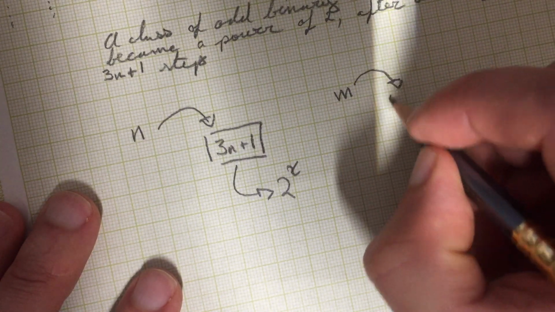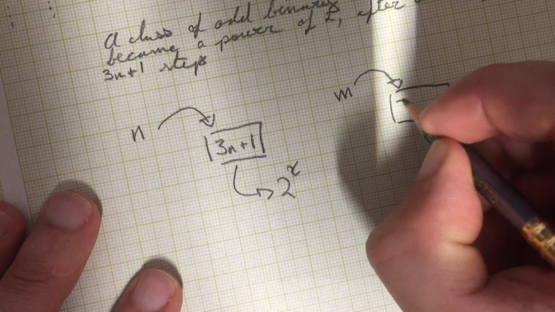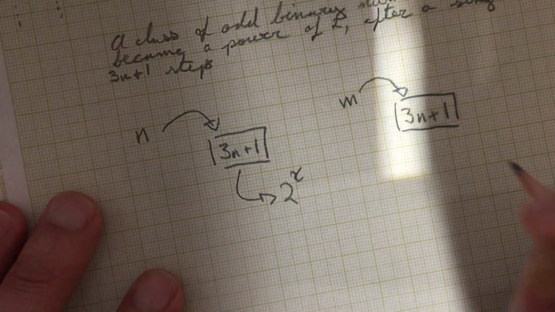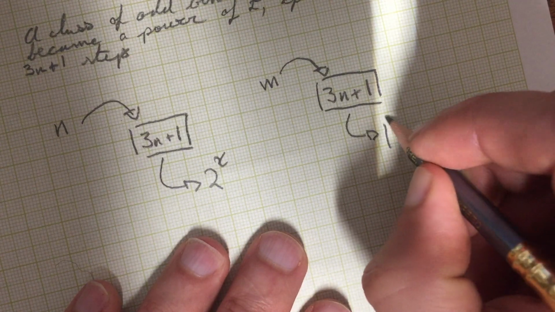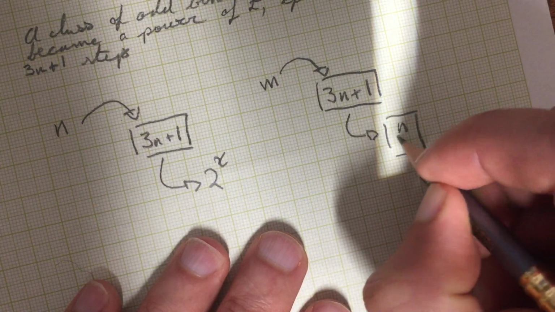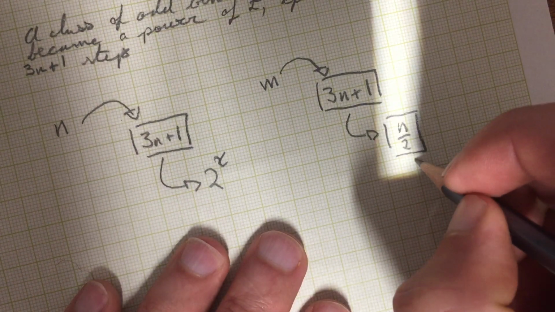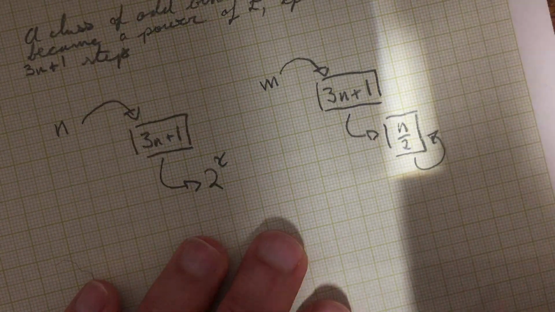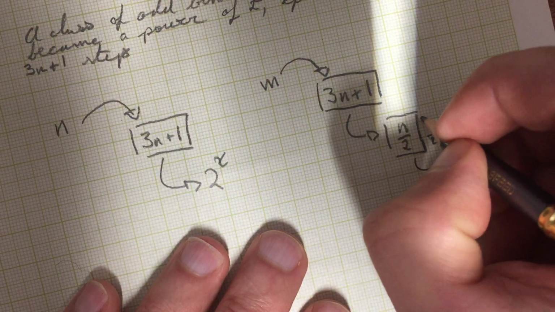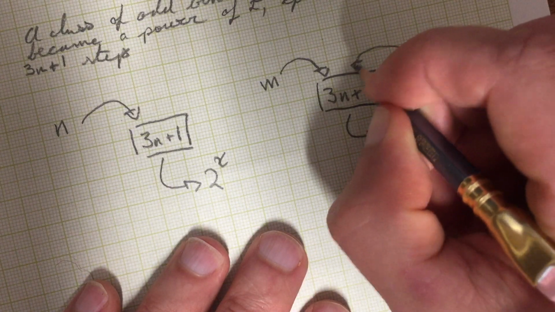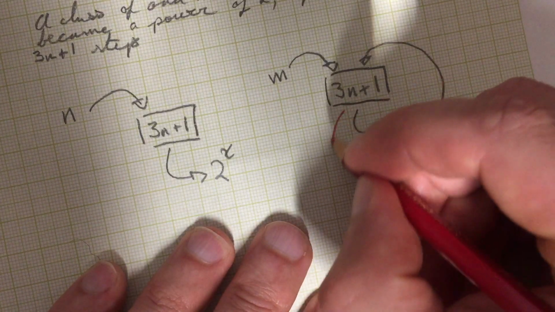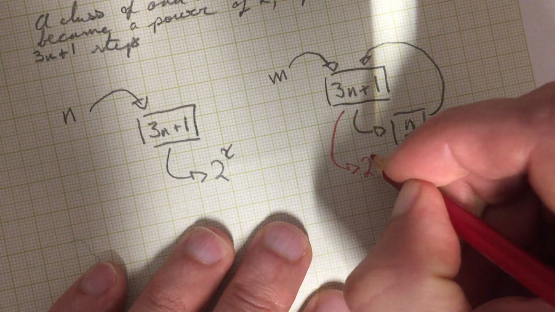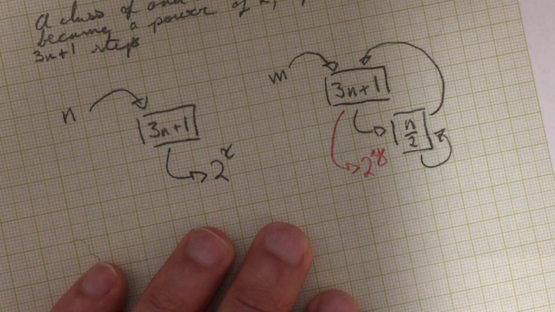We feed them into the 3n plus 1, then they come out as some random number. They go into the n over 2, and they stay in there some number of times. And then we feed them back into the 3n plus 1 box a second time. And then this second time, out pops some power of 2, right?